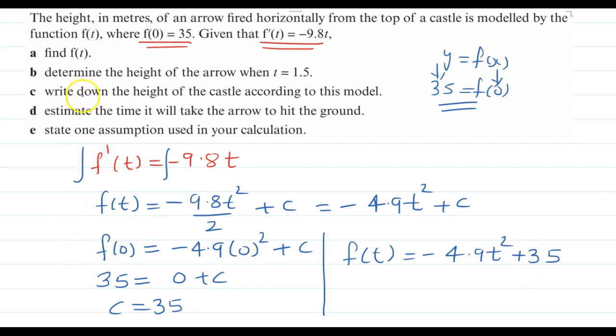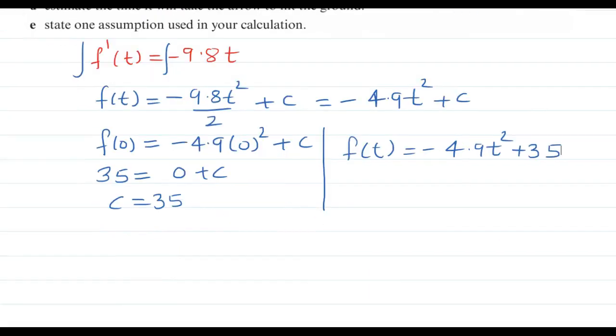Let's go for the b part. Determine the height of the arrow when t is 1.5. So for b part, it is given t is 1.5.